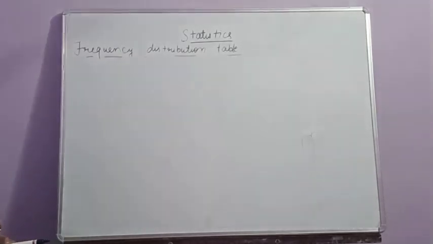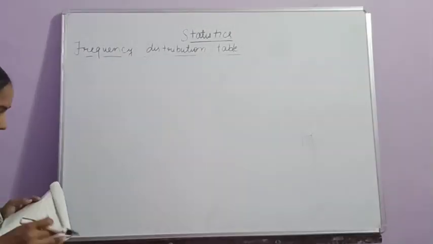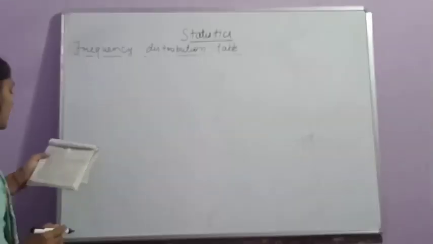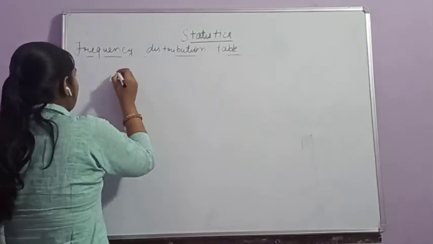For example, frequency distribution table is given to us for 38 students of a class.